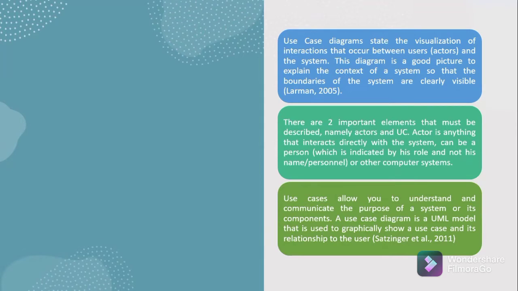There are two important elements that must be described, namely actors and use cases. An actor is anything that interacts directly with the system, can be a person, which is indicated by his role and not his name or persona, or another computer system. Use cases allow you to understand and communicate the purpose of a system or its component. A use case diagram is a UML model that is used to graphically show a use case and its relationship to the user (Satzinger et al., 2011).